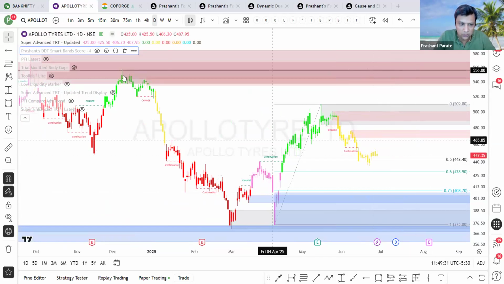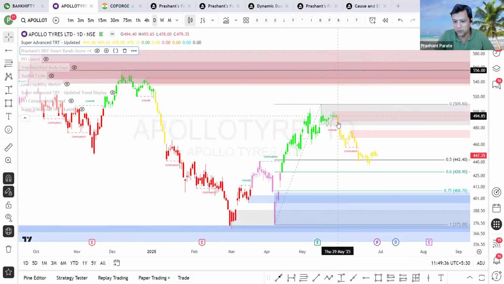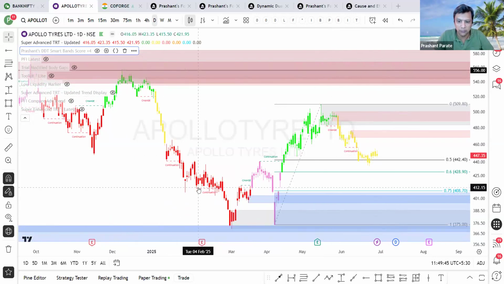I will wait for prices to show some bullish force one more time, because there are two strong hidden gaps here. So I will wait for some more price action, and if I see strong bullish hidden gap, after that I will be more confident in buying.